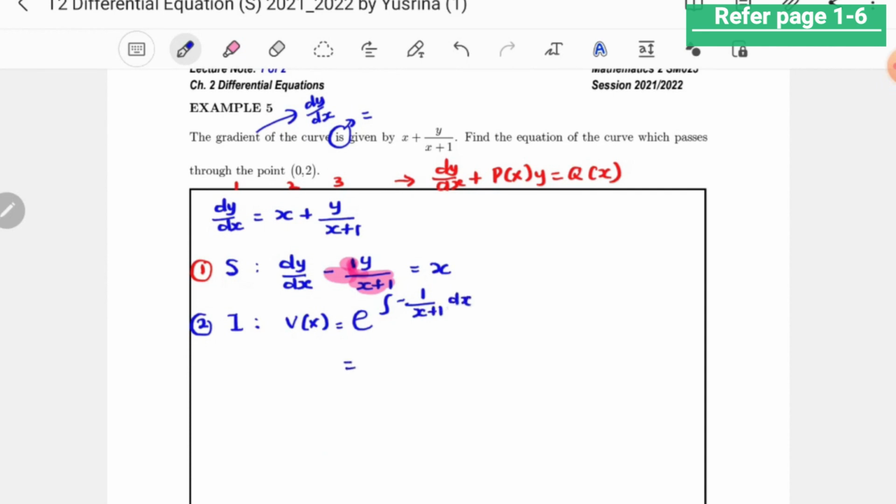So exponent of the integral of negative 1 over (x plus 1) gives exponent of negative ln(x plus 1).